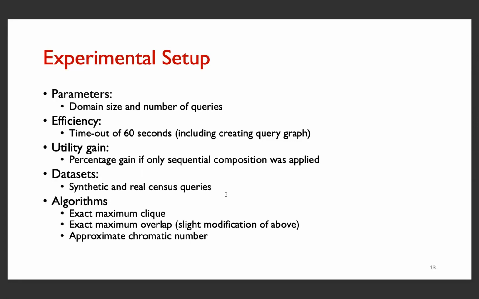We also have a timeout because we are looking at an online mechanism, so any query that takes more than 60 seconds is considered to have failed. In order to test utility, we look at the percentage gain over if only sequential composition was applied, and we have both synthetic and real census queries. The algorithms are exact maximum clique, exact maximum overlap, and the approximate chromatic number.